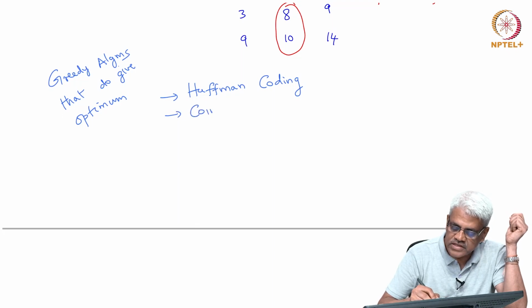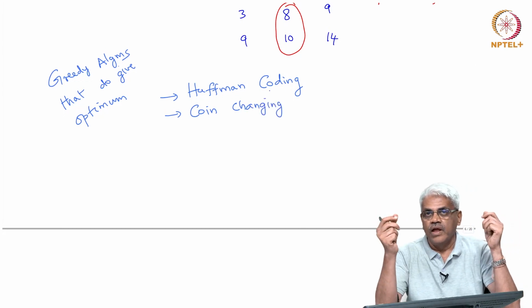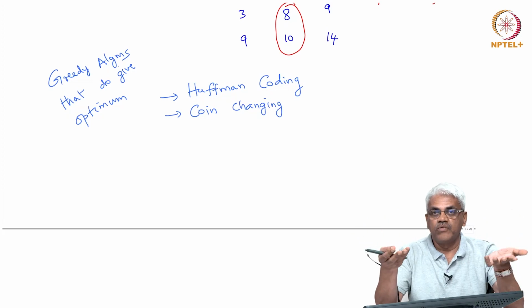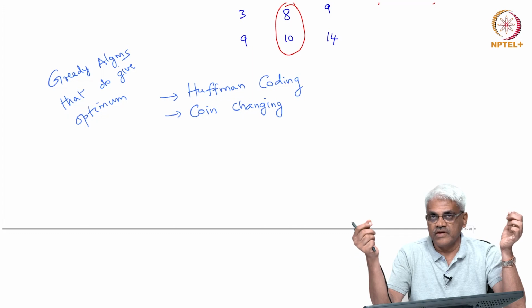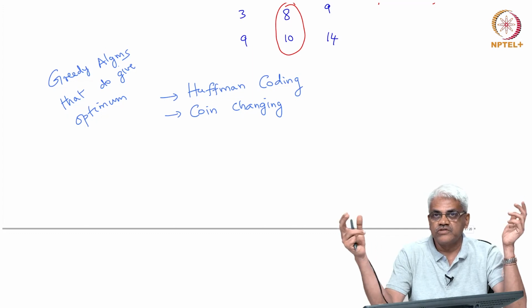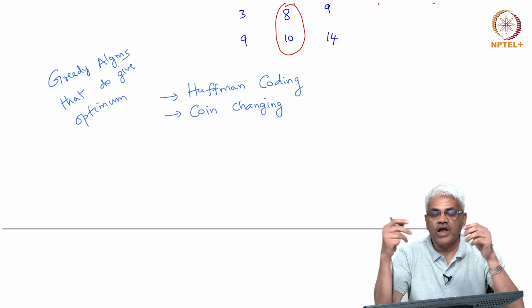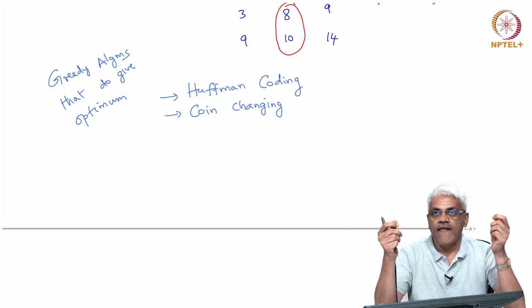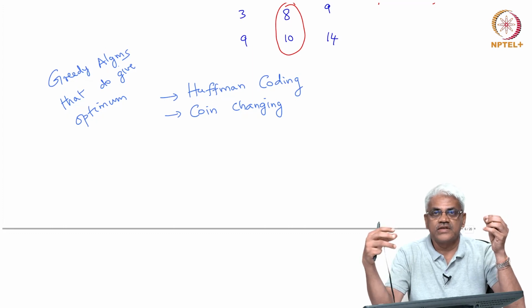Coin changing, this is another example where, for certain kinds of coins... So suppose I have coin denominations, $1, 50 cents, 50 paise, $2, $5, 10, 2 rupees, 5 rupees. Now I have to change 100 rupees using the minimum number of currencies or coins.